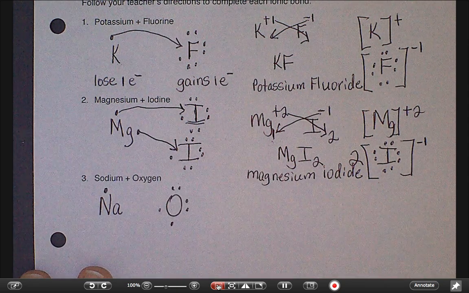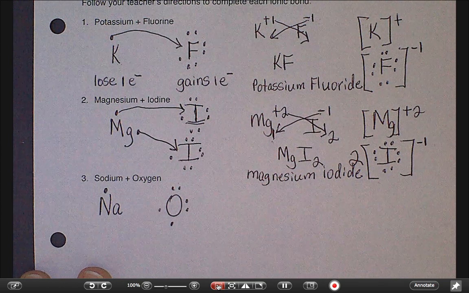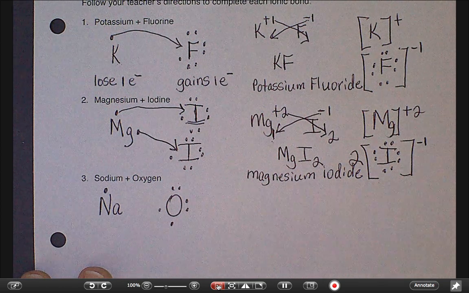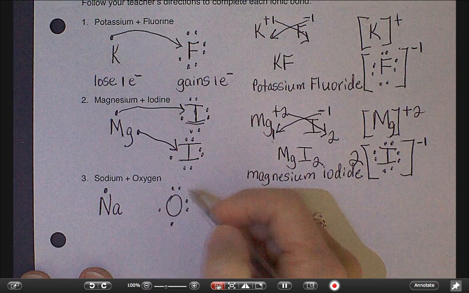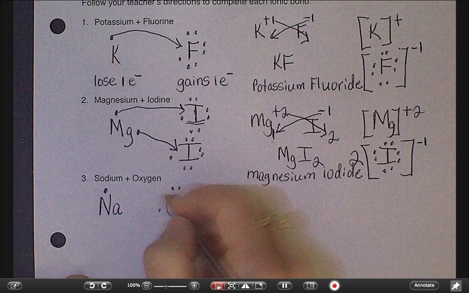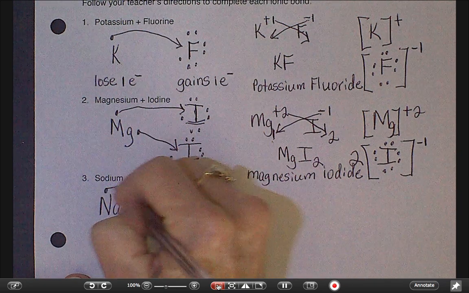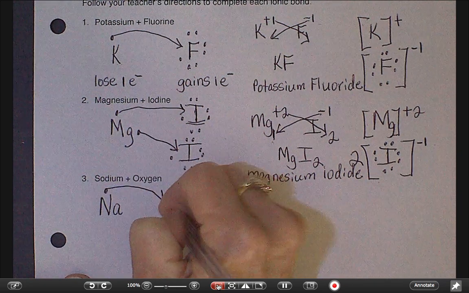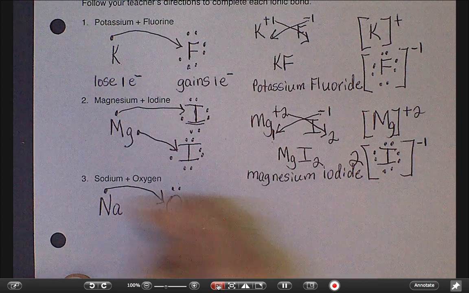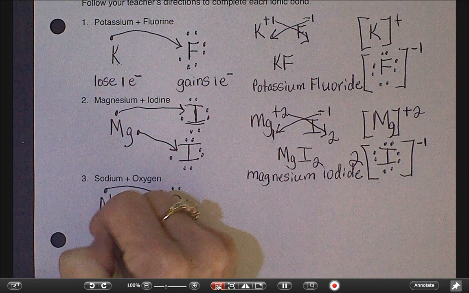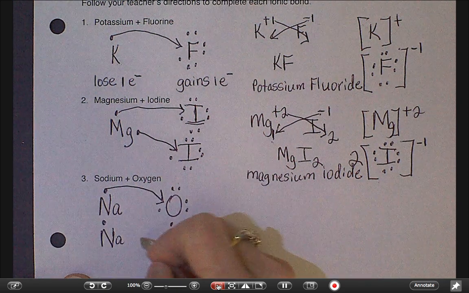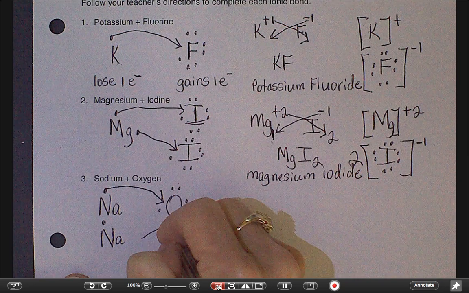So this time you need 2 sodium. Can you tell? Because this one only has one to give. So, absolutely, I have to have 2 sodiums because I'm still lacking right here. So, this sodium is going to come and bond right there. Okay?